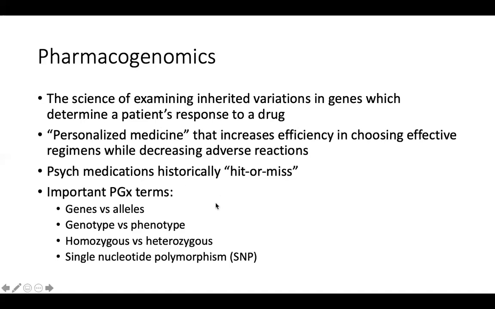Some more important pharmacogenomics terms, so genes versus alleles. So genes, that's a specific set of nucleotides that code a single protein. It's also known as the blueprint of life. And then alleles, this is a specific form of the gene, and so that can either be the wild type or the variant. Wild type is usually the most common occurring.